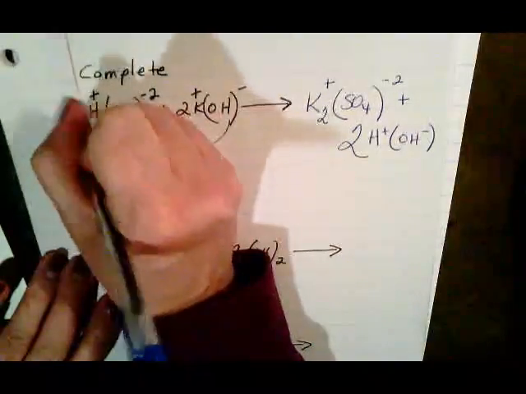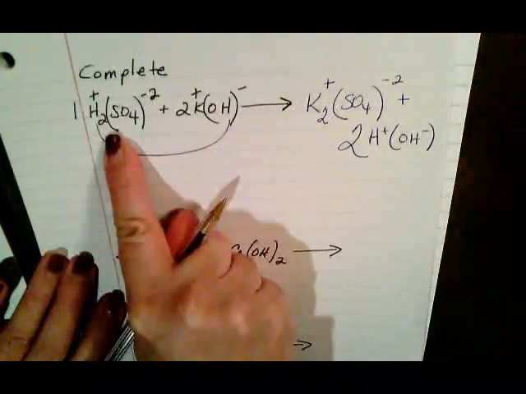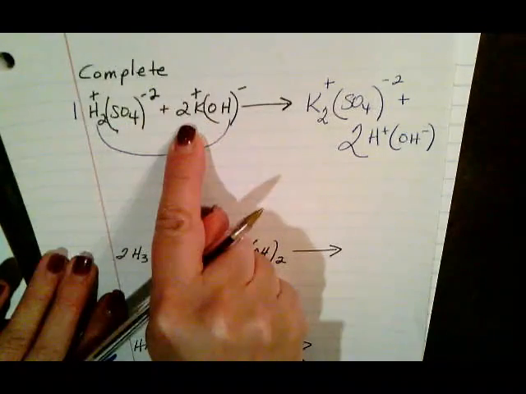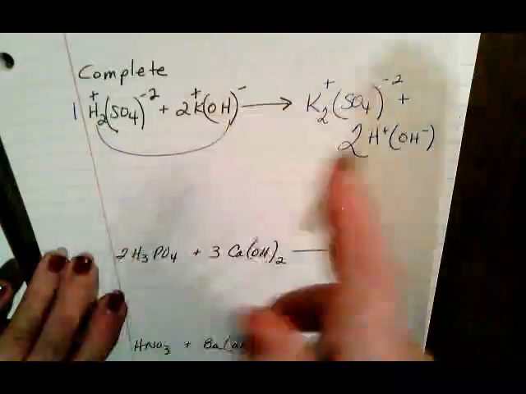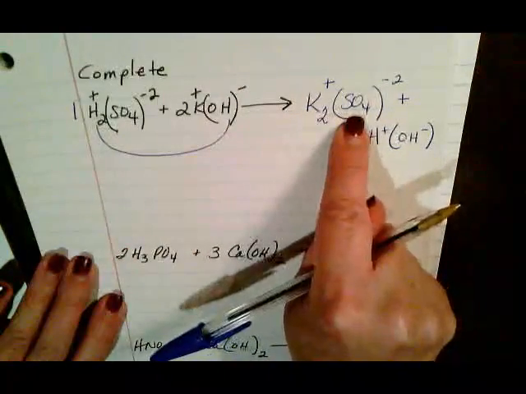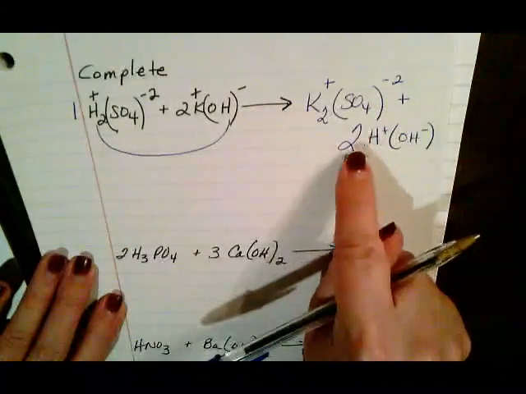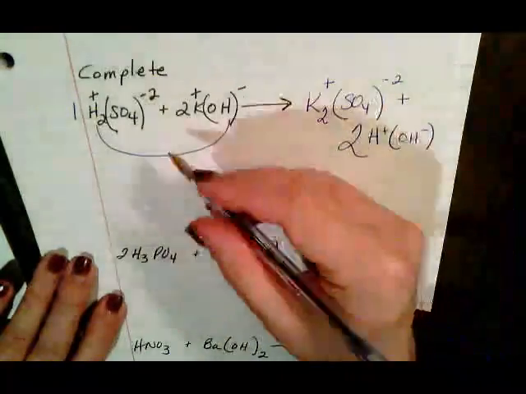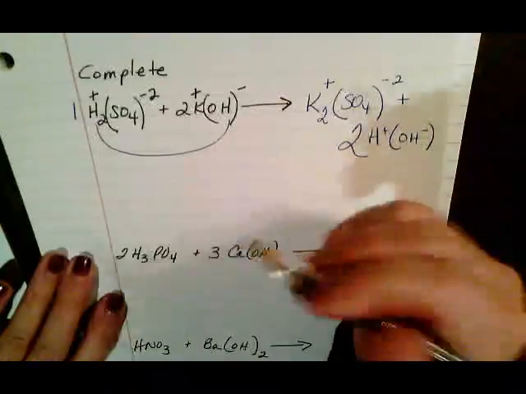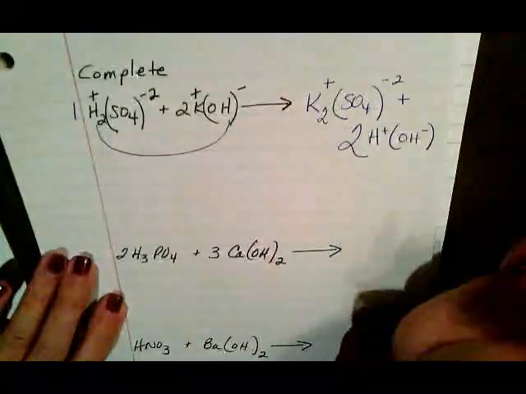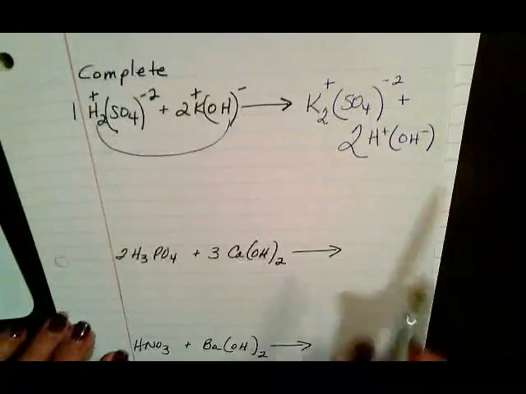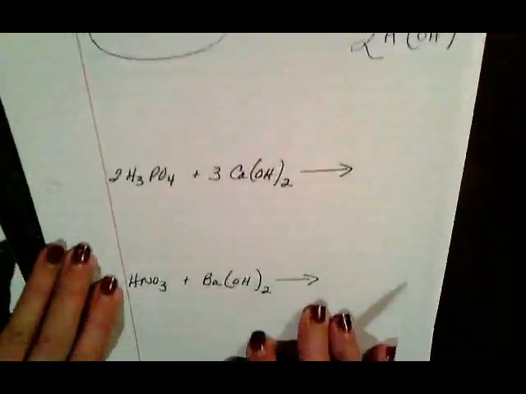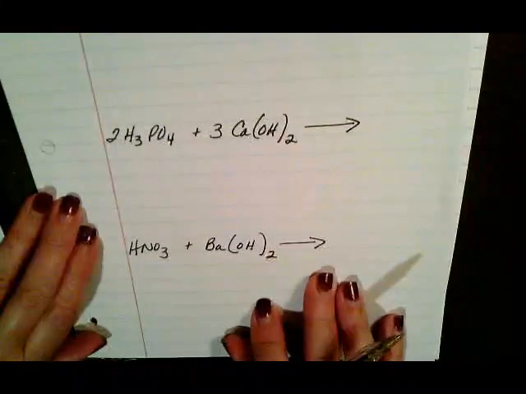So it's 1 mole of sulfuric acid plus 2 moles of potassium hydroxide, double replace to make potassium sulfate, and 2 moles of water. Now, technically, again, students, this should have AQ, AQ, AQ, AQ, but, you know, this is a double replace. Why is this a neutralization? Because water is formed. Okay, let's go to the next one.